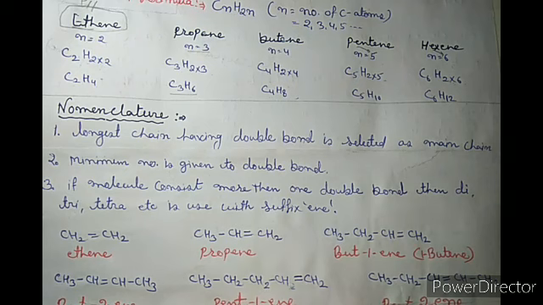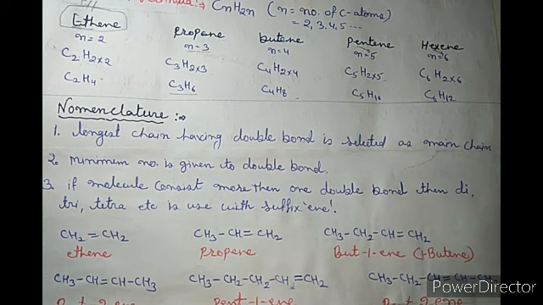Here, when a double bond is present, the rules we discussed about substituents and alphabetical order are neglected, and the main thing considered is priority to the double bond. That means the minimum number should be given to the double bond. Got it?